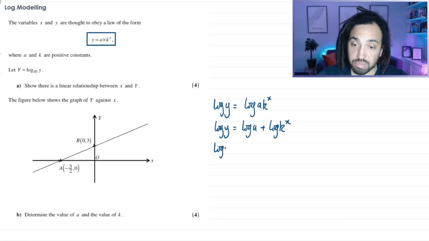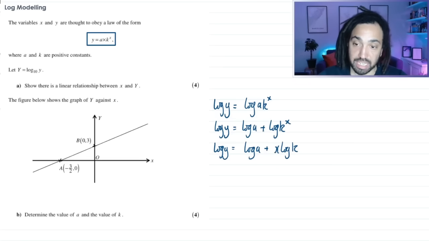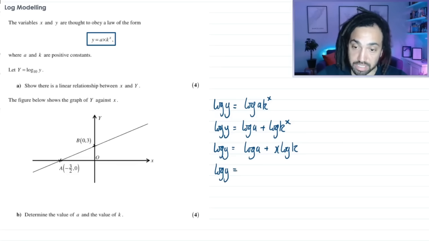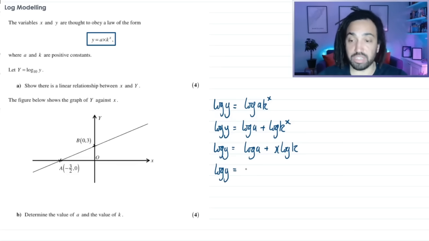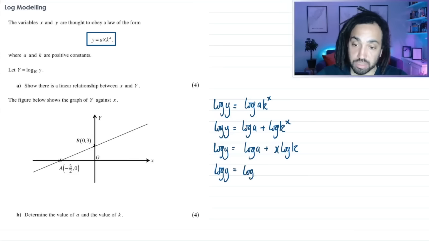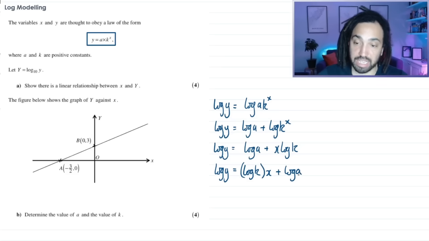We'll then bring down the power, because when you're doing a log rule like this, you can bring the power down to the front. And then what I'll do is I'll write it in such a way that it looks like y equals mx plus c. So we'll do log k will be the gradient m, times x, and then plus a constant, which will be log a, the y-intercept.